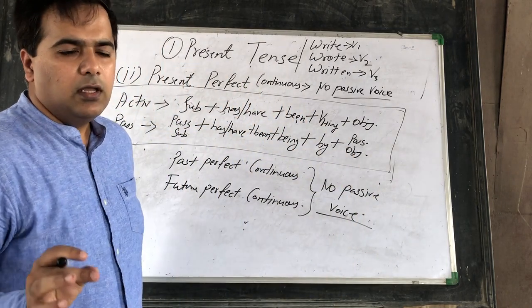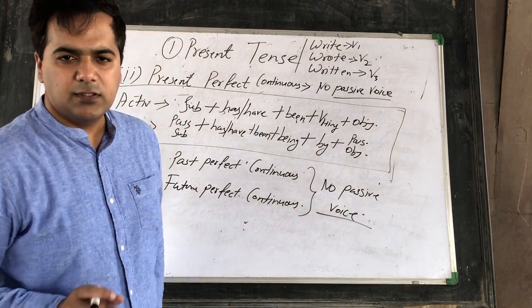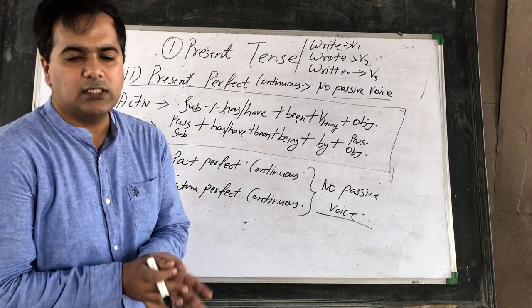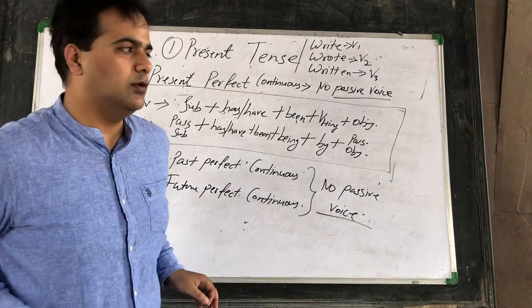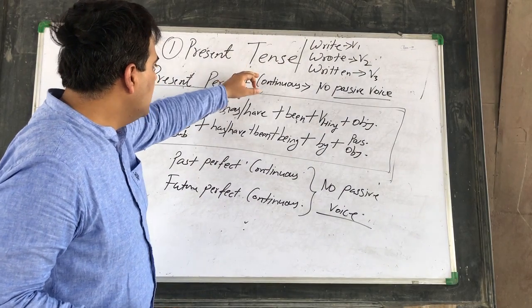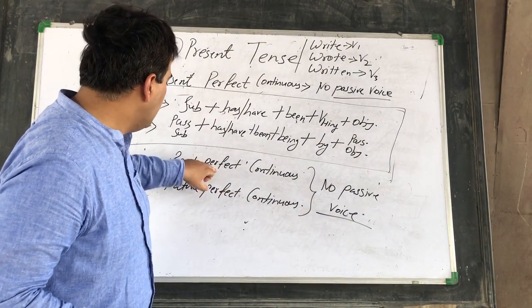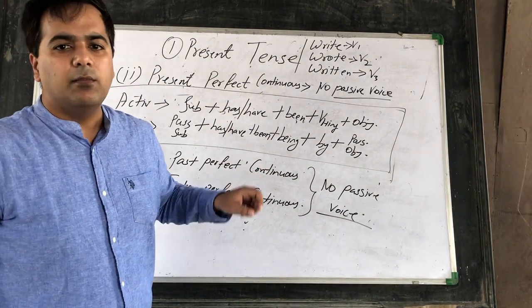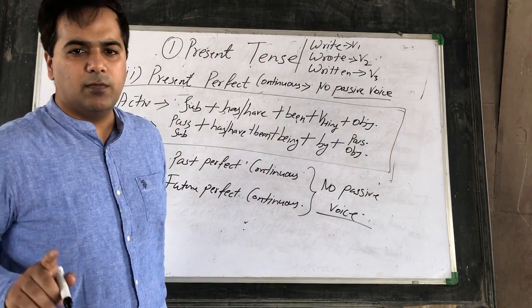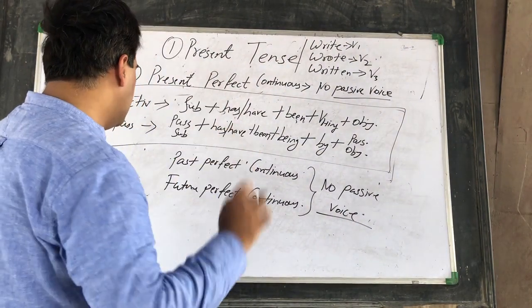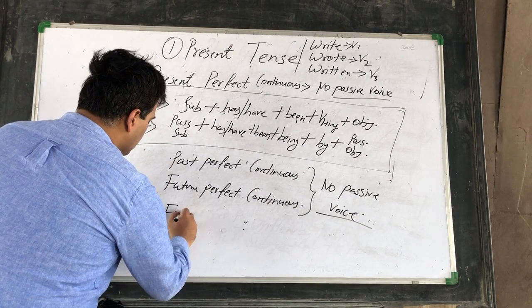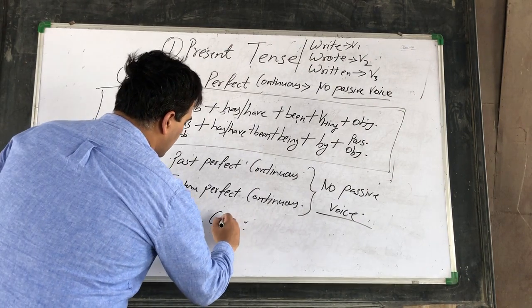Now remember, at the starting of this session, I have said to you that passive voice is followed in 8 tense only. So we have excluded 3 tenses: present perfect, past perfect, future perfect here. But one more tense also will not be following the passive voice, that is future continuous tense.